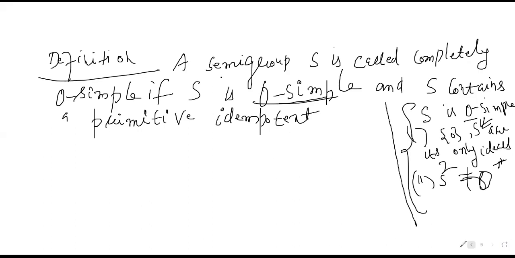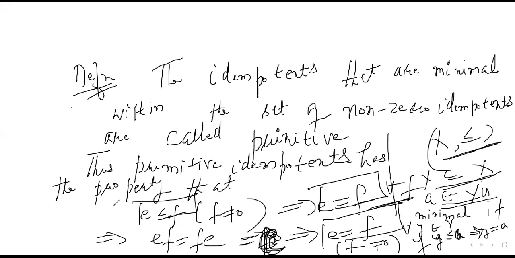Primitive idempotent मैंने आपको बता दिया, वो idempotent जिनकी ये प्रॉपर्टी होगी, E less than or equal to F must imply that E is same as F. Or in other words, EF equal to FE equal to E must imply that E is same as F. So ऐसे सेमी ग्रुप को हम कहते हैं completely zero simple semigroups. Now the question arises that whether these type of semigroup exists or not.